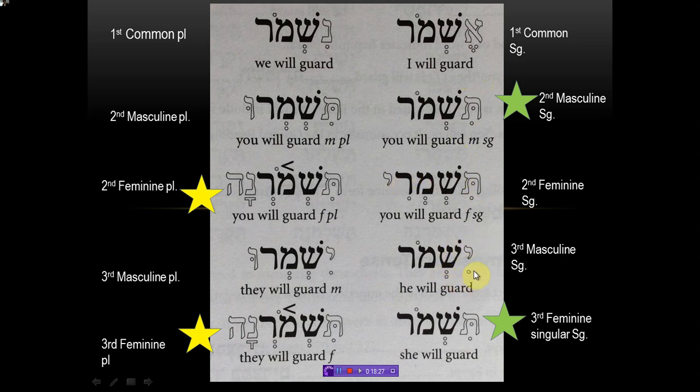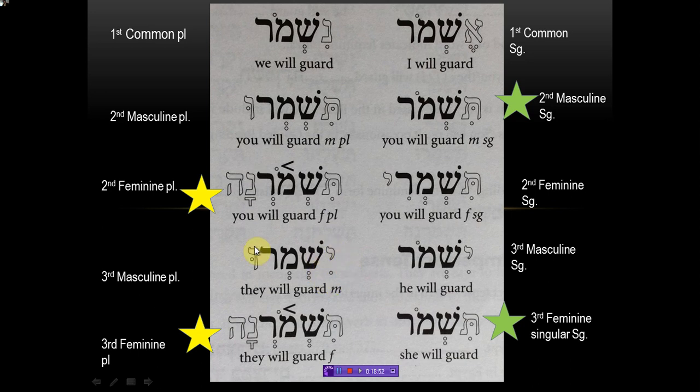Well, this looks like it could be promising. It has a yod on the front. The only problem is it doesn't have the oo at the end. The third feminine singular has the tav at the front, no ending. That's not going to help us. First common plural, noon, no, that's not going to help us. Second masculine plural, tav, again, no money. Tav, no money. Oh, here's one. The yod and the shurek, both.